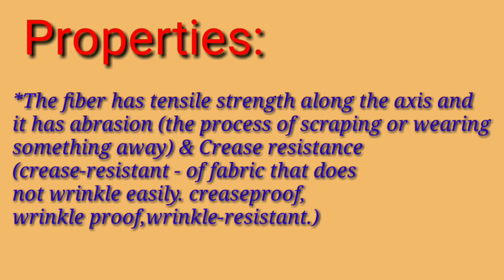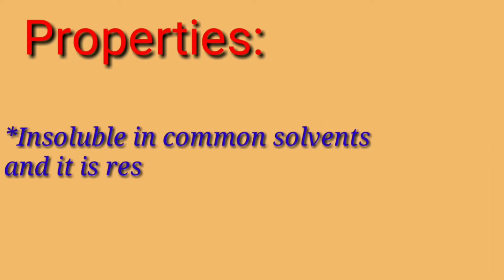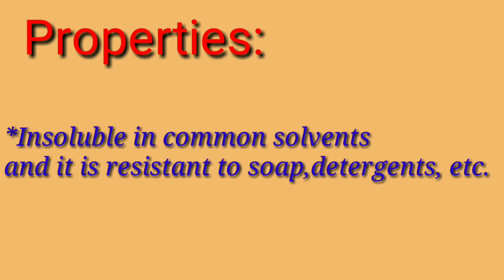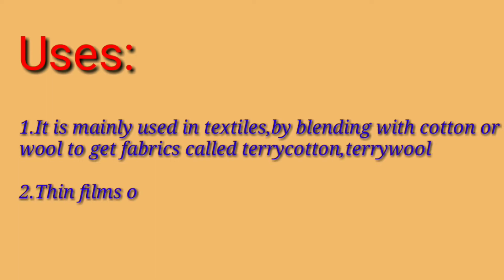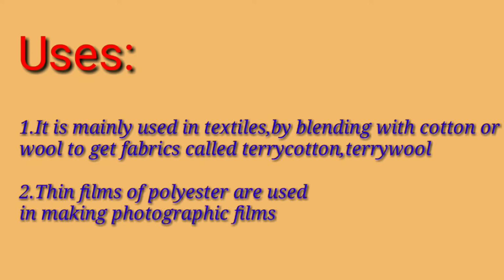It is insoluble in common solvents and it is resistant to soap, detergents, etc. Uses: it is mainly used in textiles by blending with cotton or wool to get fabrics called terrycotton, terrywool. Thin films of polyester are used in making photographic films and magnetic tapes.